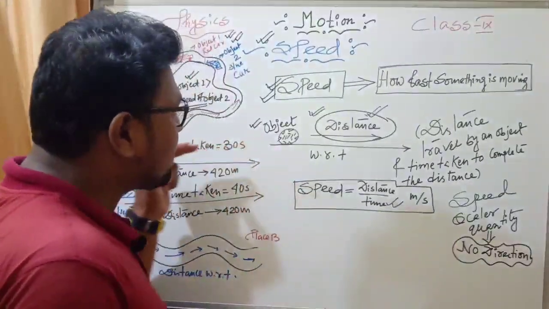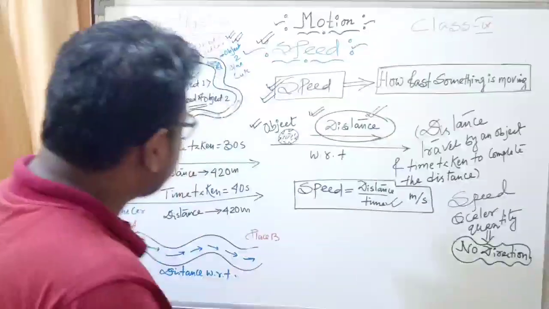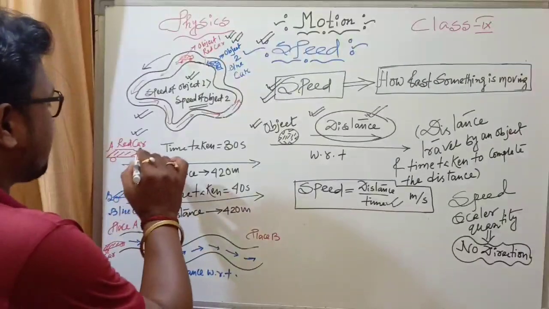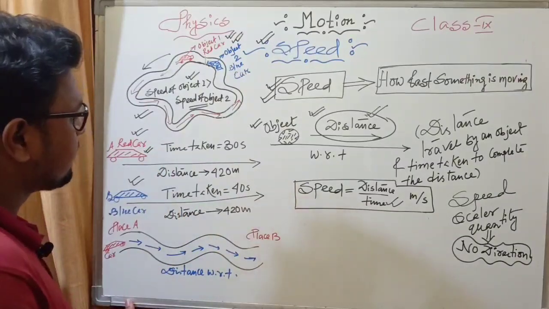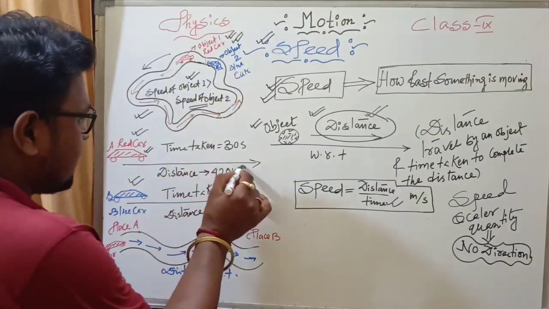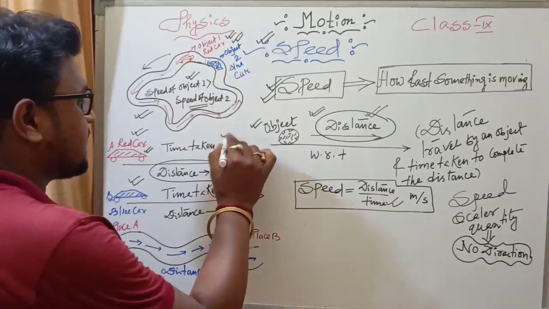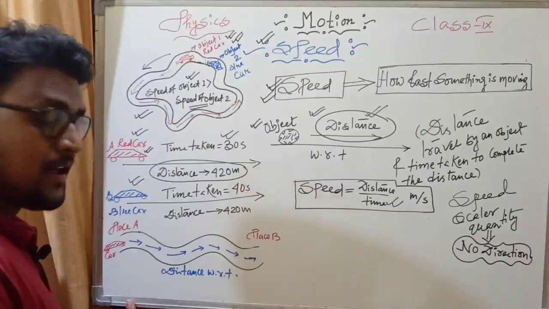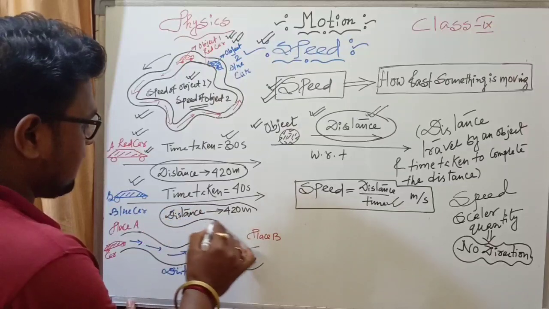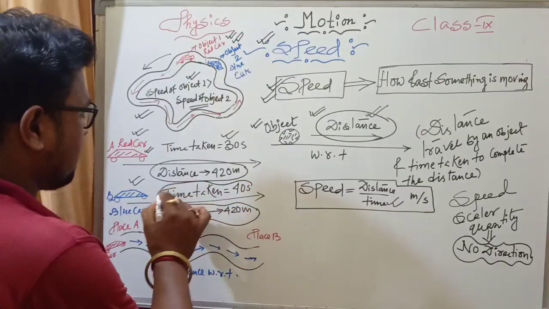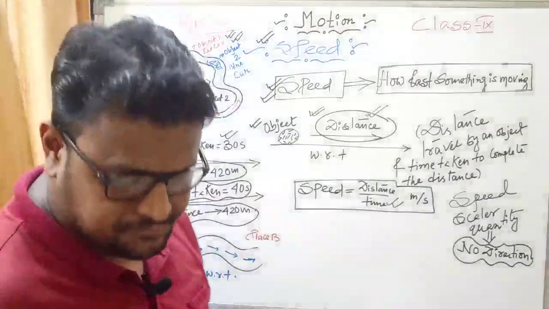Suppose one car is red and another is blue. The red car covers a distance of 420 meters in 30 seconds. The blue car covers the same distance in 40 seconds.